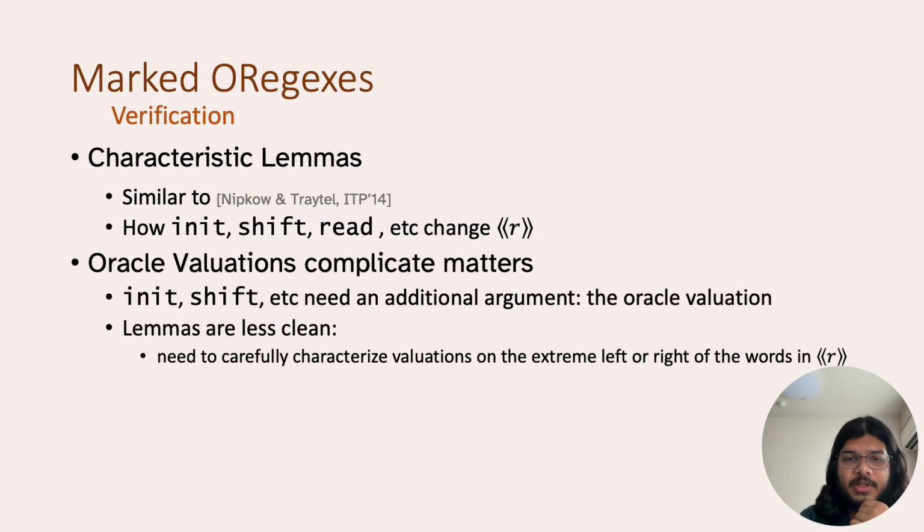The main challenge in our setting is that we must deal with oracle valuations. The functions init, shift, and so on require an additional argument in many cases, which is related to an oracle valuation. The characteristic lemmas themselves are also harder to state and less clean. This is because the queries do not carry any marks, and sometimes we need to carefully characterize the valuations that appear on the extreme left or extreme right of the words.